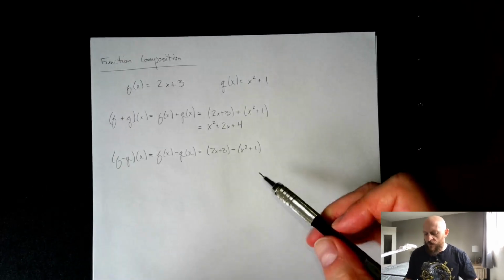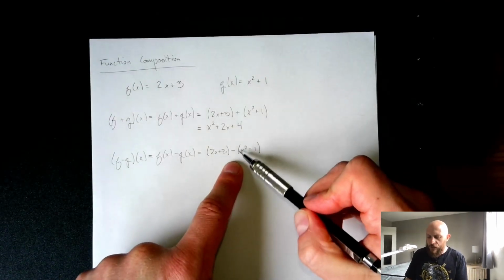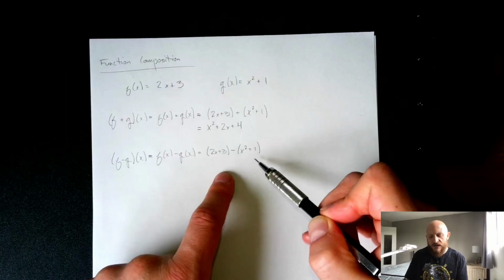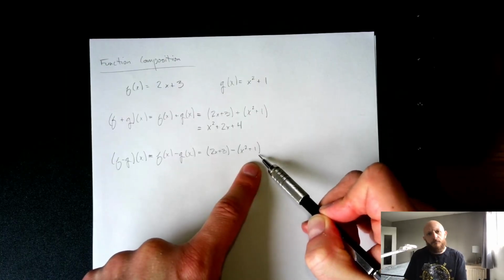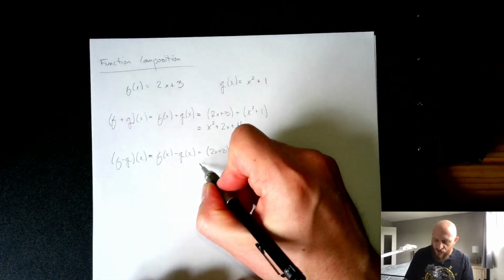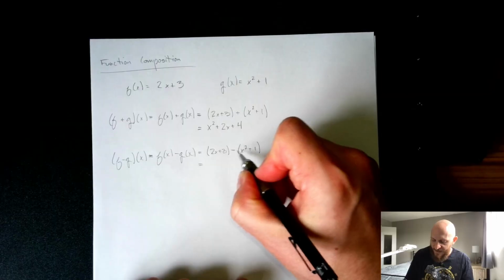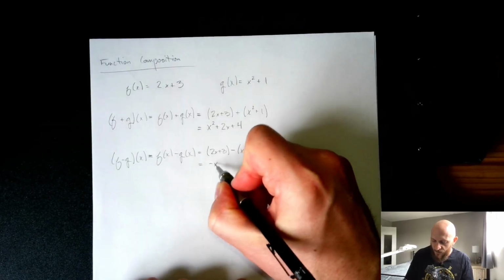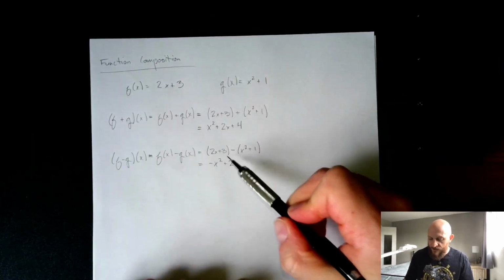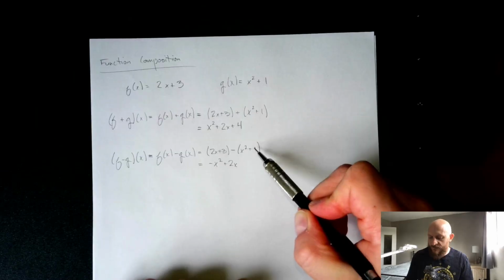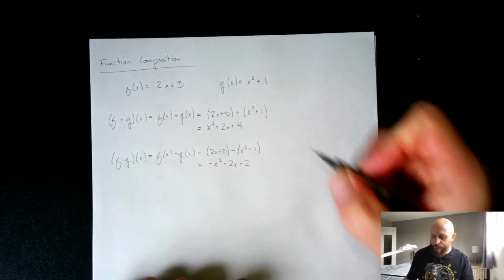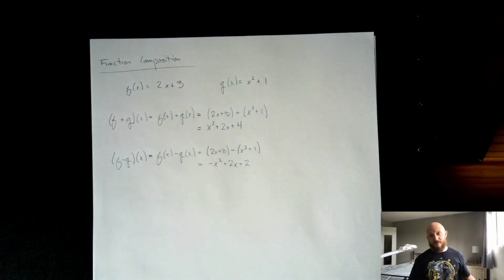I can see where a common mistake might be to not put those parentheses in, and then you write it as 2x plus 3 minus x squared plus 1, which is wrong, because this negative needs to be distributed. When we distribute the negative, we get negative x squared plus 2x, then here we would have 3 minus 1. 3 minus 1 is 2. So that's f minus g of x.